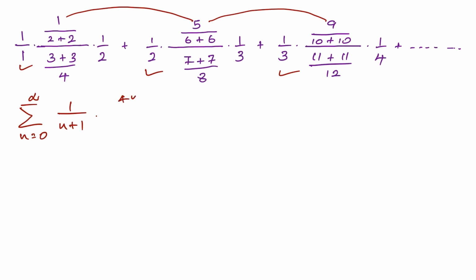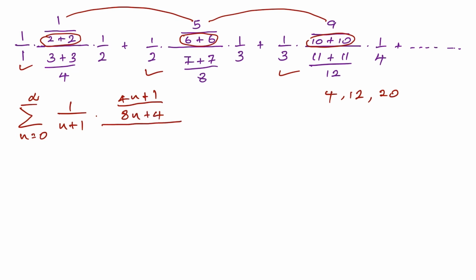1, so 4 times n plus 1 over, then here 2 plus 2, we know 4, then 6 plus 6 we know 12, then 10 plus 10 we know 20, so we can represent that series 8 times n plus 4.